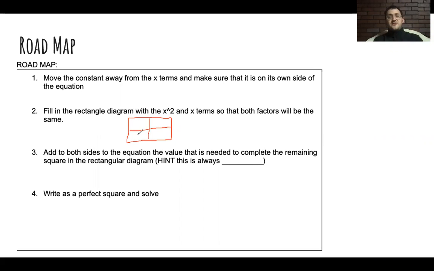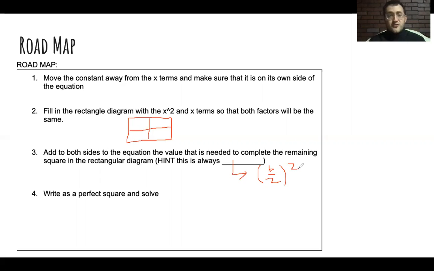And this is where we do that reverse box method. And then you want to add to both sides of the equation the value that is needed to complete the remaining square in the rectangular diagram. So this is always going to be b over 2 squared. And we'll see an example in a second or two.